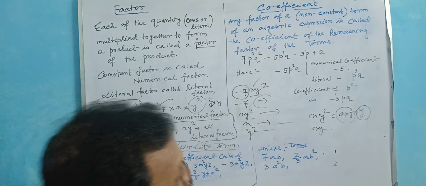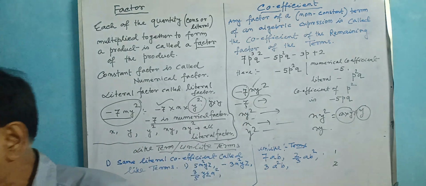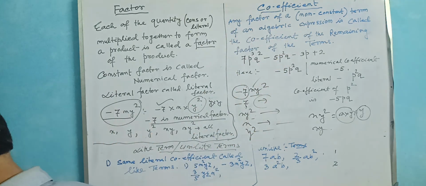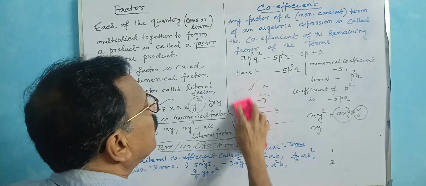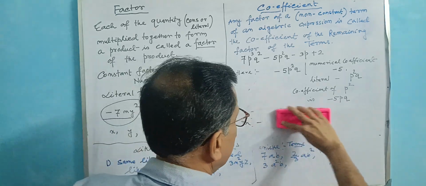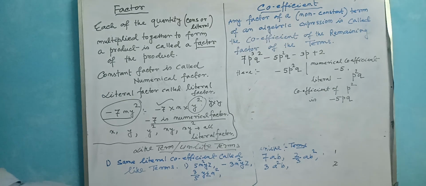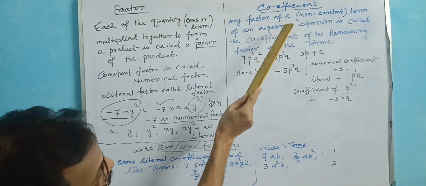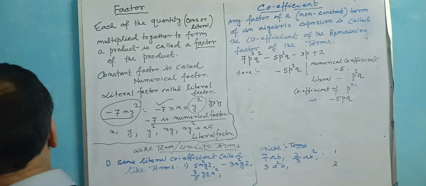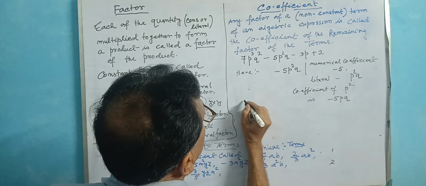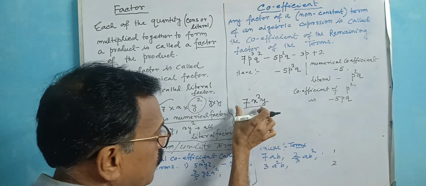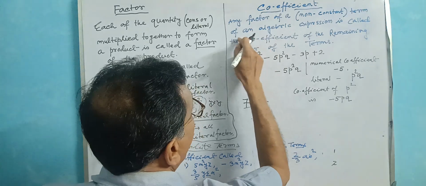Now we go to the coefficient. What do you mean by the coefficient? You know the factor, you know the literal factor, you know the constant factor. Now very clearly understand: any factor of a non-constant term. Suppose 7x square y is a non-constant term. This whole term is a non-constant term of an algebraic expression.